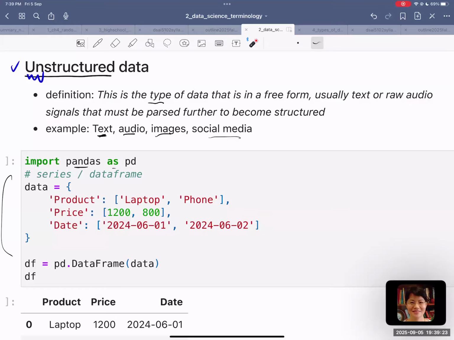And if you have data that includes text and audio signals, we call it what? Multimodality, 多模态, right? So multimodality data. For example, ChatGPT contains multimodality. It can generate a lot of things.